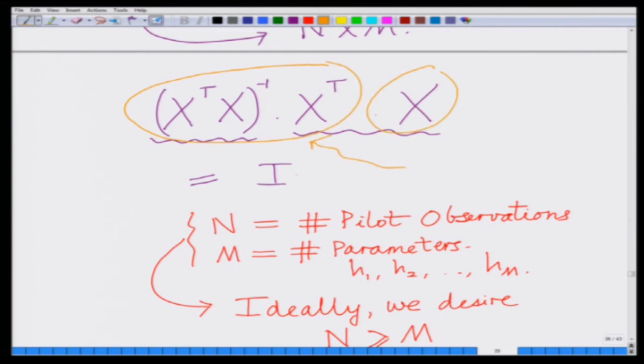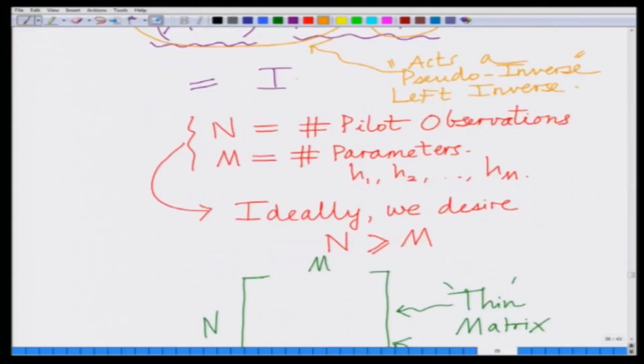So this matrix acts as a pseudo inverse. It is not an inverse, but acts as an inverse, and is known as a pseudo inverse, or also the left inverse of x, because when this matrix multiplies x on the left, you get identity. So let us summarize that.